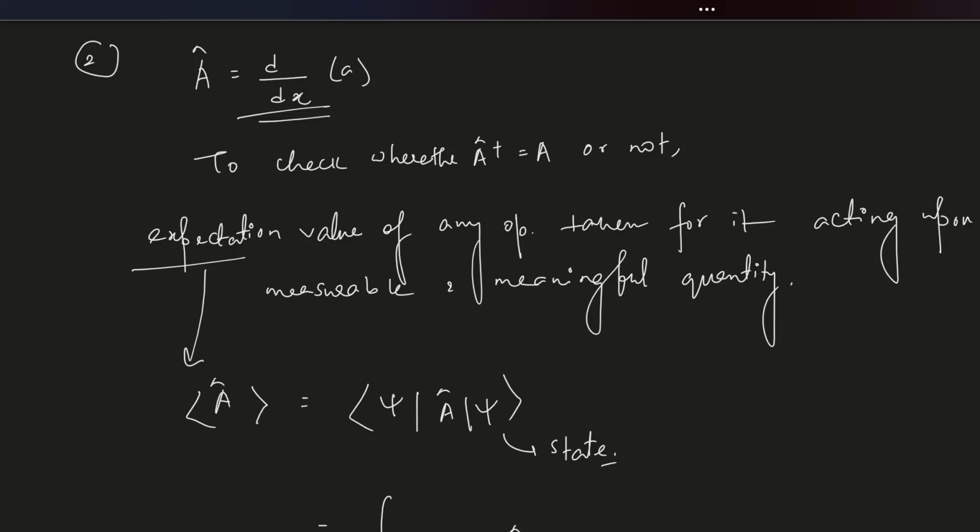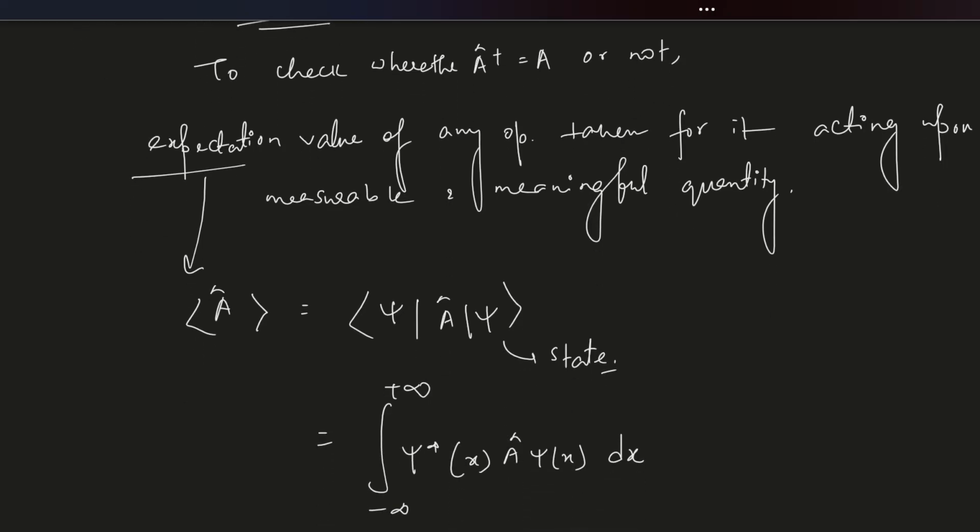This is the integral of psi star x, A cap acting on psi x, dx, where x's limit is from minus infinity to plus infinity. Now psi x is a general state, but you know the expression of A cap, so we put it here, acting upon psi x dx.